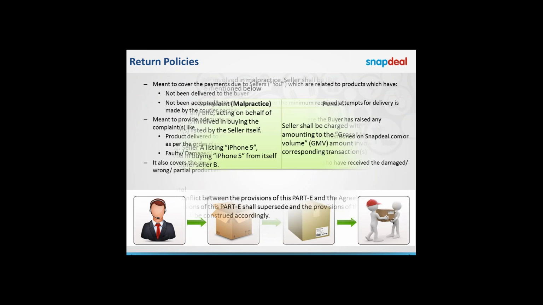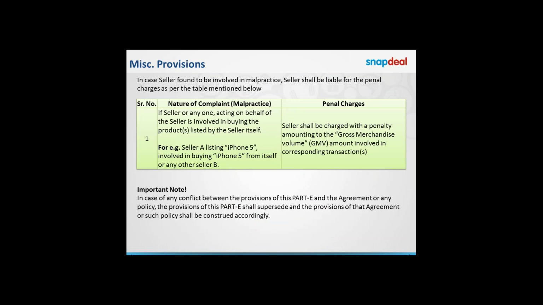Likewise, now this is important, a miscellaneous provision where we would not entertain any sort of malpractice. So if a seller or anyone on behalf of the seller is involved in buying the product listed by the seller itself or by a competitor, this will be considered a malpractice.